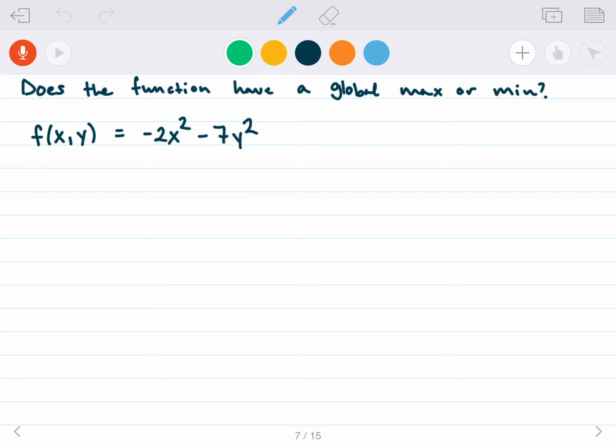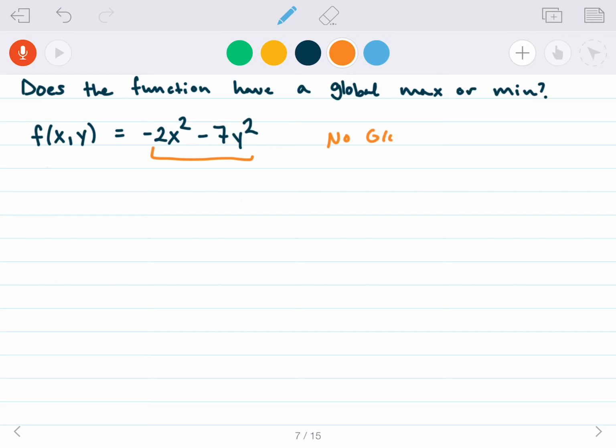Alright, so does the function f of x, y equals negative 2x squared minus 7y squared have a global max or min? Well, right off the bat, since our domain is all numbers for x and y, x can be anything, y can be anything, and we see what z is. It's not going to have a global minimum.